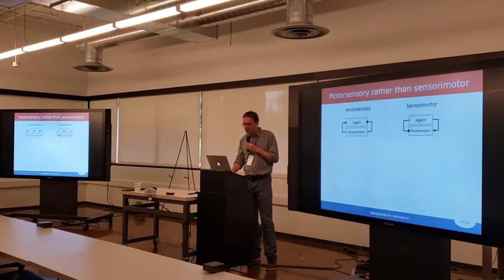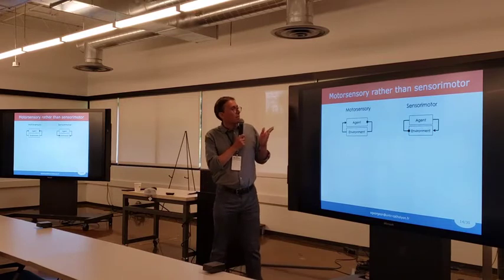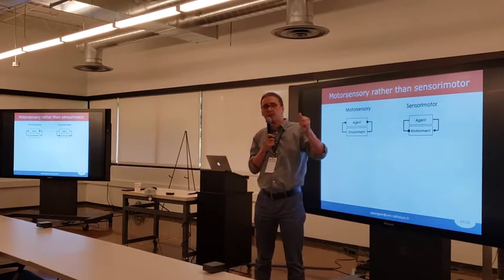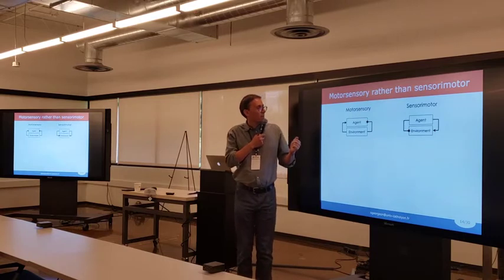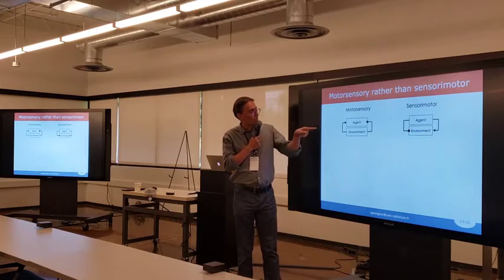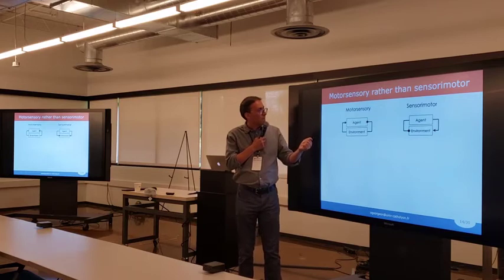So again, I'm talking about this motor-sensory approach. As I said, usually as computer scientists, we decompose the sensorimotor schemes as sensory, we receive data from the environment, and action. Here we propose another approach in which we consider that the motor is primary.